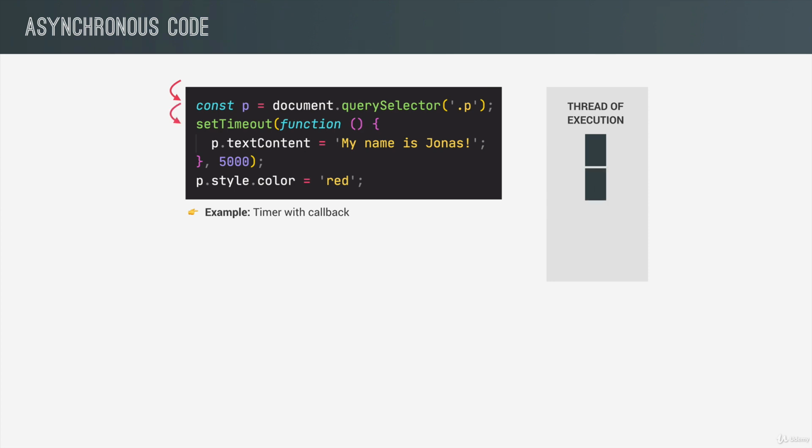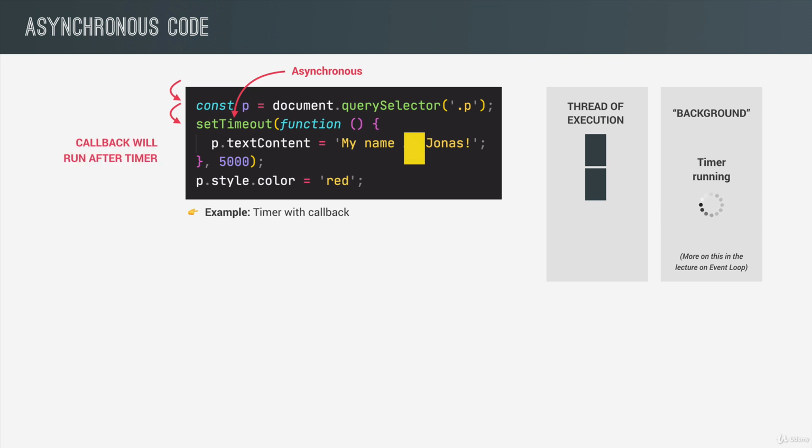But here we encounter the setTimeout function, which will basically start a timer in an asynchronous way. So this means that the timer will essentially run in the background without preventing the main code from executing. We also register a callback function, which will not be executed now, but only after the timer has finished running.